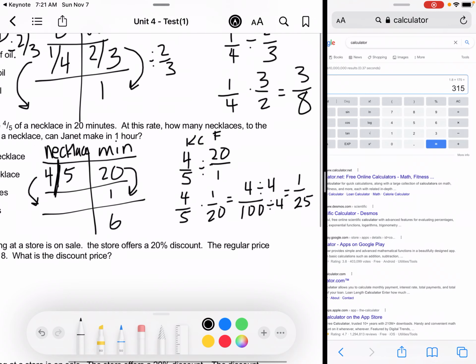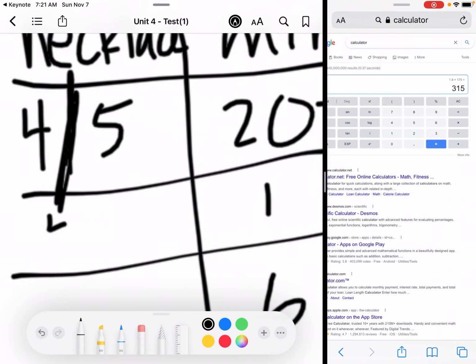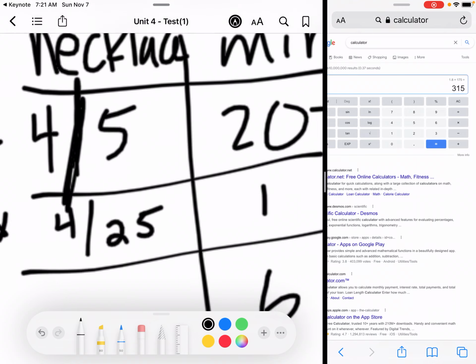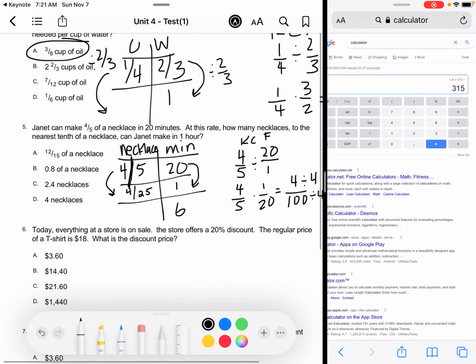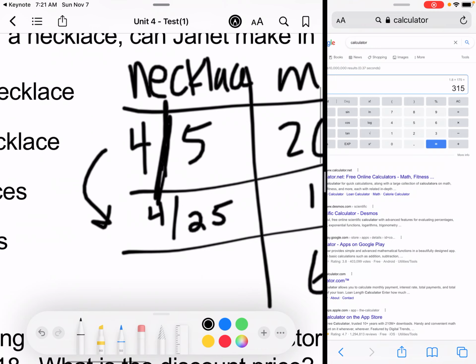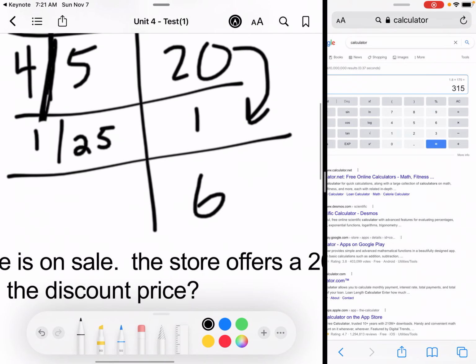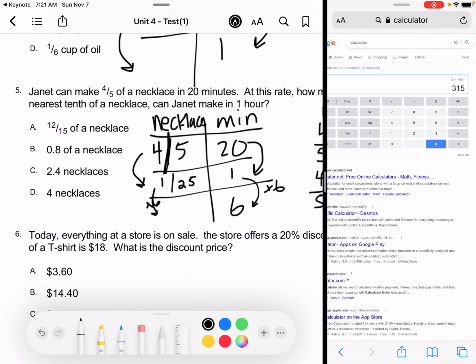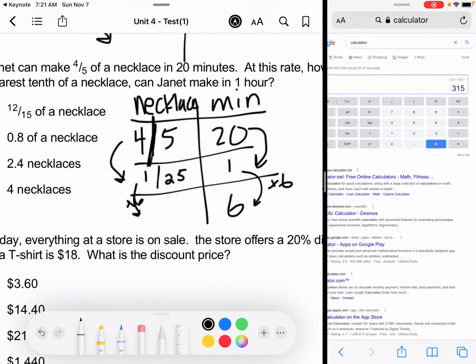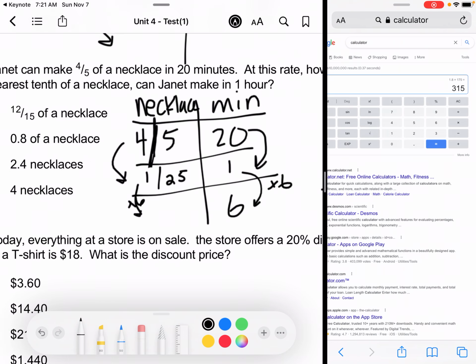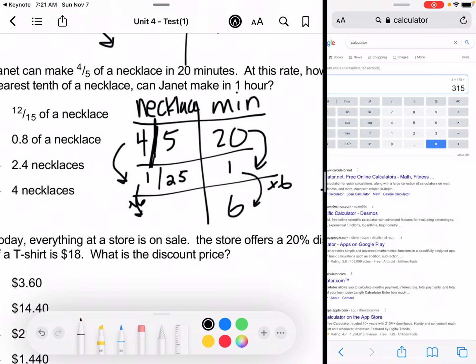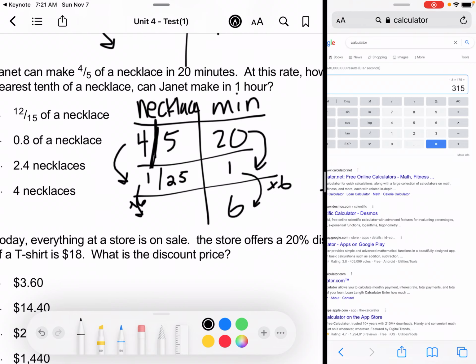So then it says, not 4 over 25, 1 over 25. So then it says multiply by 6. It shouldn't be 6, it should be 60, right?